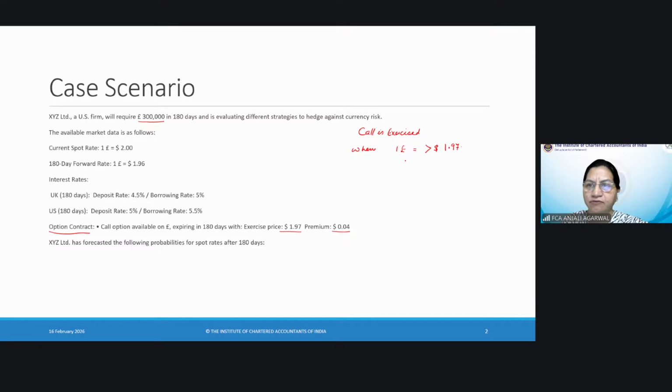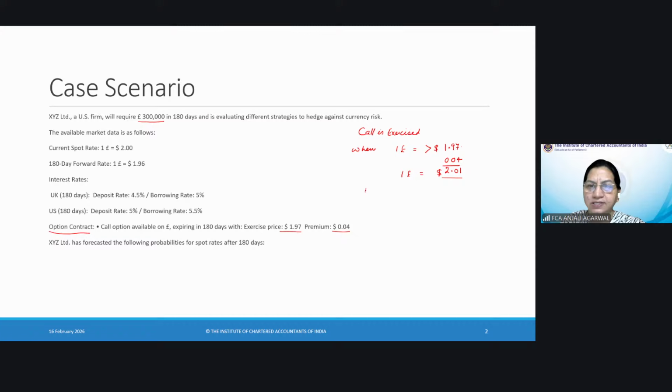So if the market price of the pound exceeds $1.97, then the call is exercised, and together with the premium of 0.04, the pounds will cost us 2.01 dollars per pound. So this will be the rate it will cost us if the call is exercised.